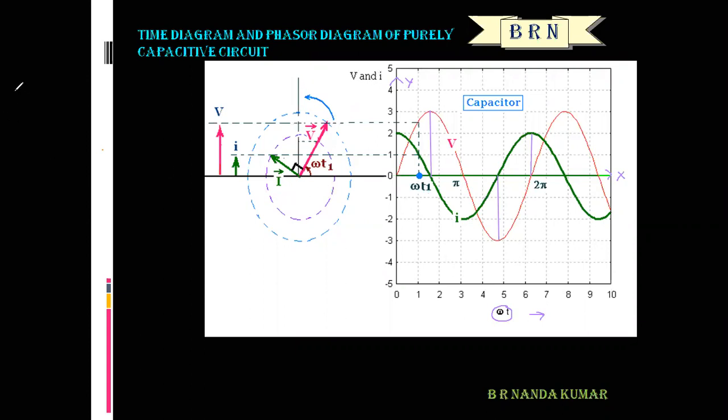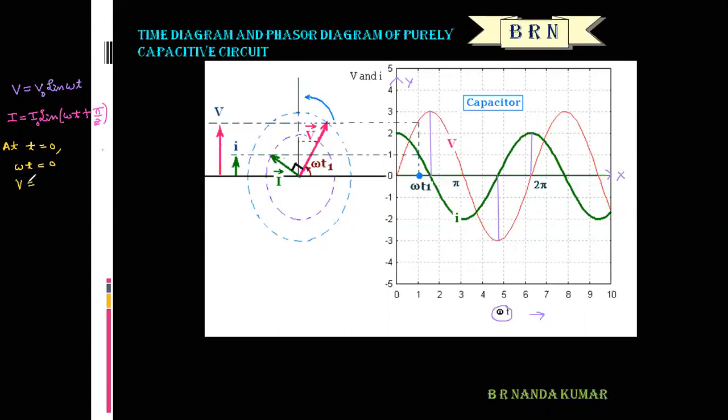At the first phase, what is the expression for instantaneous voltage? V is equal to V naught sine omega t. And the instantaneous current flowing through the purely capacitive circuit is I equal to I naught sine of omega t plus pi by 2. At the first phase, time t is equal to 0, so omega t is equal to 0.